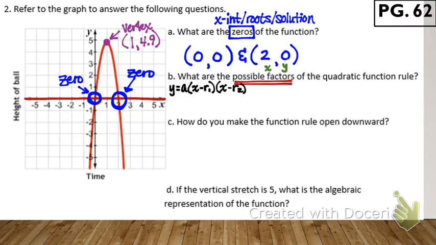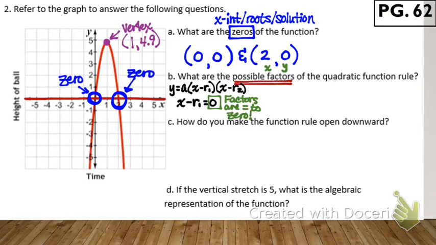And when I have it in this form, we always take our factors and we set them equal to 0, and that's how we find our roots. Factors are always equal to 0. If it's equal to something else, it's not a factor.